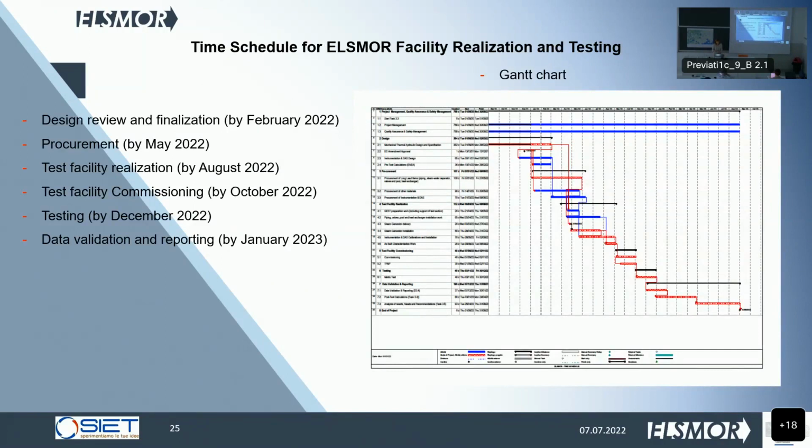We have a specific time to realize the plant, to perform tests, to prepare the data report, and to provide data to those that will do post-test calculations. So this is an overall view of an experimental campaign, with a specific example from the ELSMOR project.